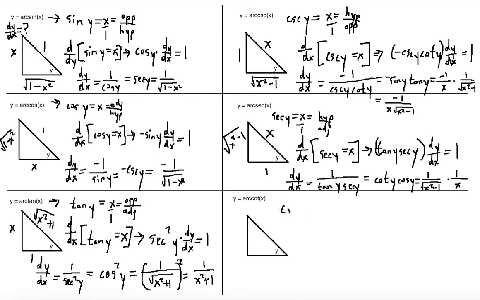Last one of all, our arc cotangent, our inverse cotangent, we can rewrite in terms of the angle.